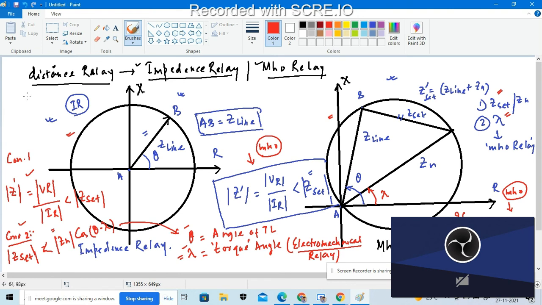Suppose some faults appearing in the transmission line have low values, then we consider the impedance relay. Otherwise, if there is a huge fault, we will consider the mho relay.